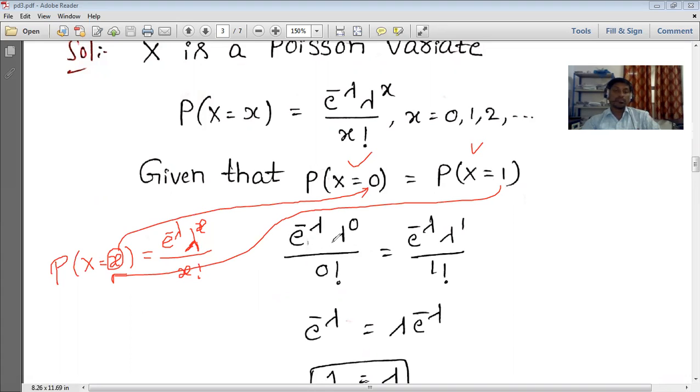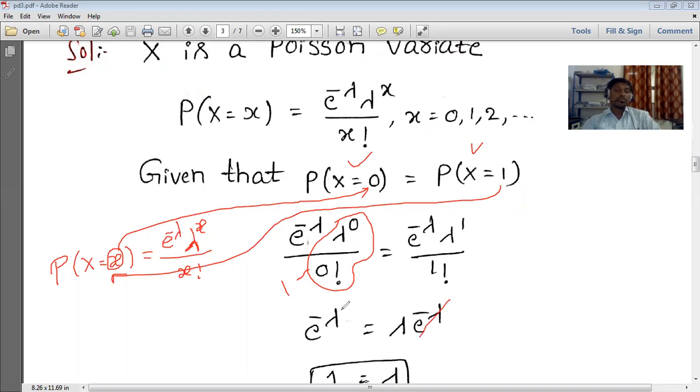See that e power minus lambda, lambda power 0 by 0 factorial, which is equal to e power minus lambda, lambda power 1 by 1 factorial. So lambda power 0 by 0 factorial is nothing but how much? Here it is 1. Anything power 0 is 1 and 0 factorial is also 1. So for that e power minus lambda, which is equal to lambda e power minus lambda.